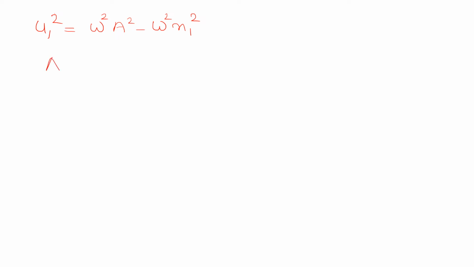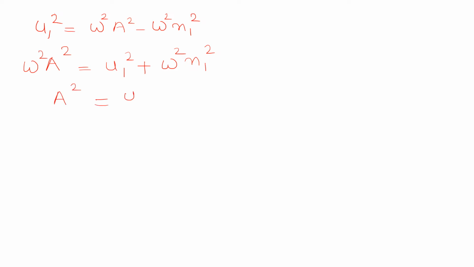The amplitude square A square can be represented as u1 square plus omega square x1 square, the whole divided by omega square.